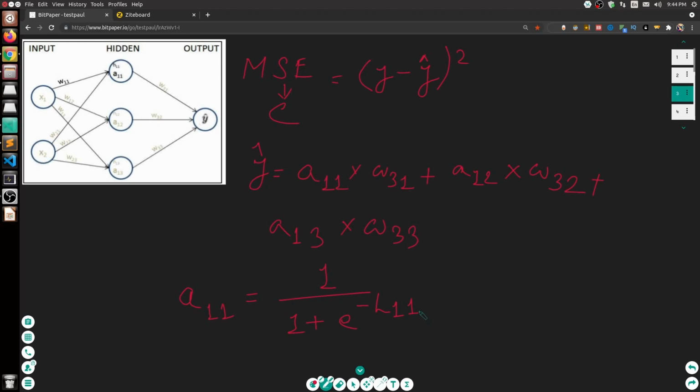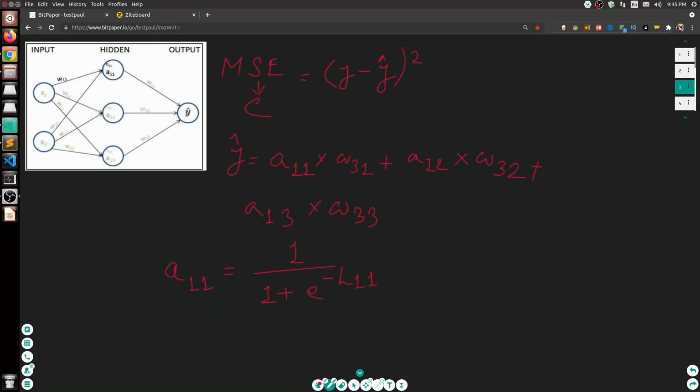So this is a hidden layer activation value for a sigmoid activation function. And what is my h11? That is this value.